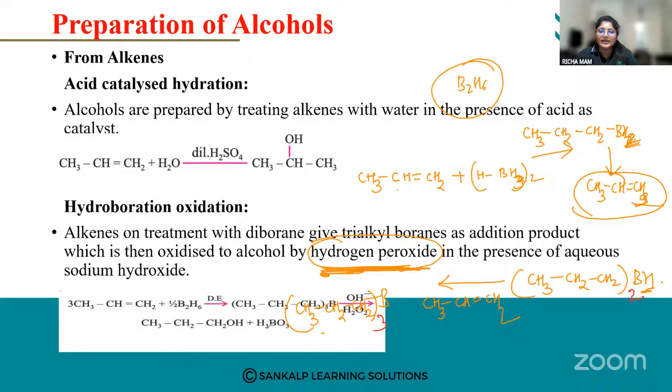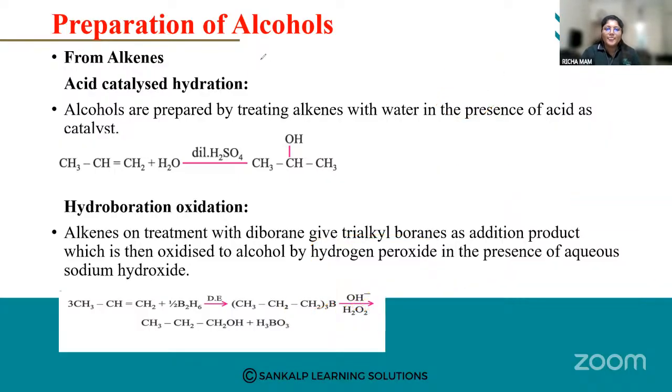So I've got trialkyl borane. At each step, each hydrogen is getting replaced with your alkene. So this is your hydroboration oxidation. By using hydroboration, we are going to get the alcohols. Is it clear? Yes, I'll explain once again properly.